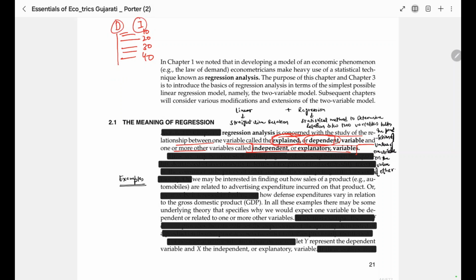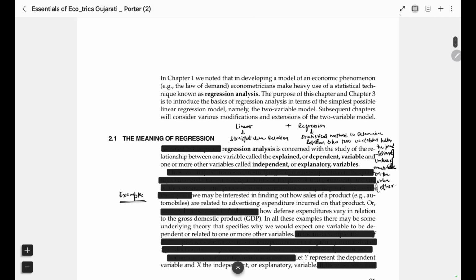So जैसे जैसे इनकम बढ़ती जाएगी वैसे वैसे डिमांड भी बढ़ती जाएगी. तो डिमांड जो है यहाँ पर हमारी सिर्फ इनकम पर डिपेंड कर रही है. Demand is only dependent on income here, right? So when we talked about demand and income, since demand is dependent on income, demand is our dependent variable and income is our independent variable.